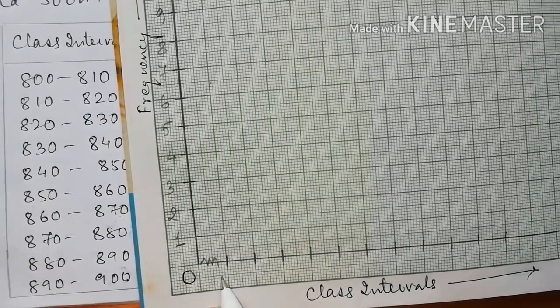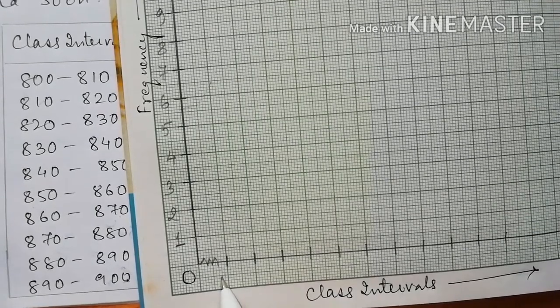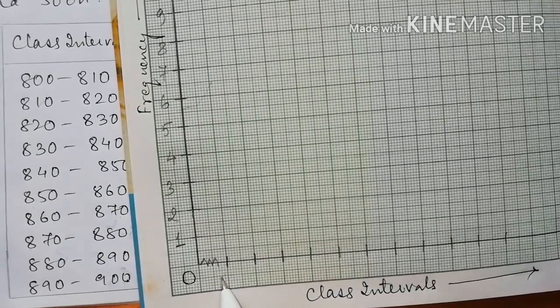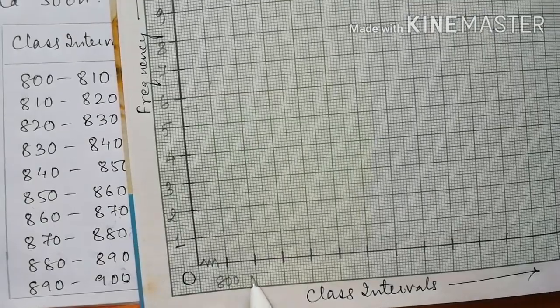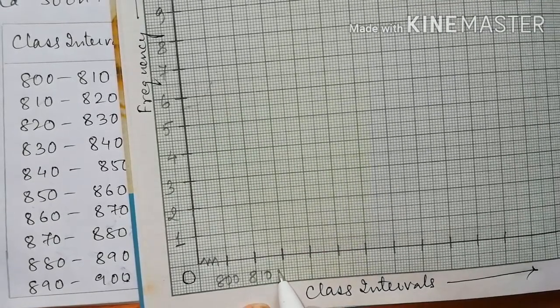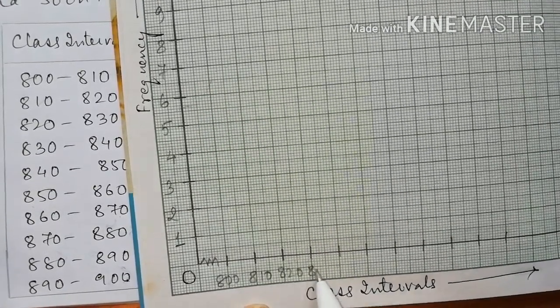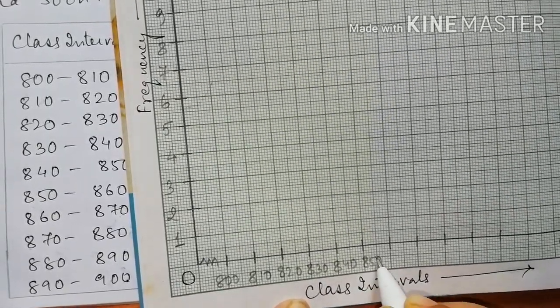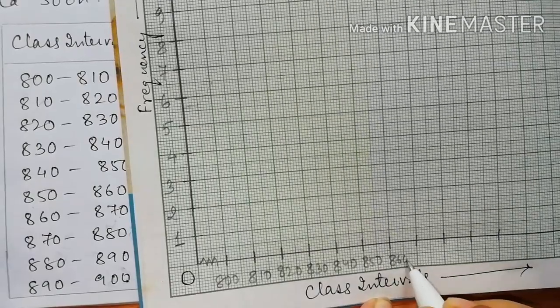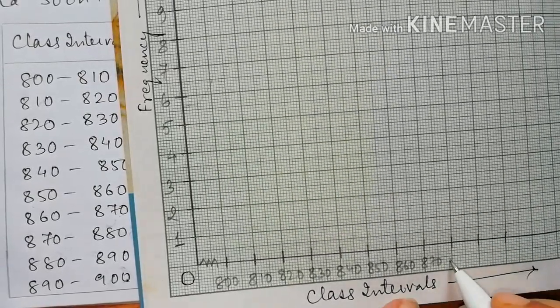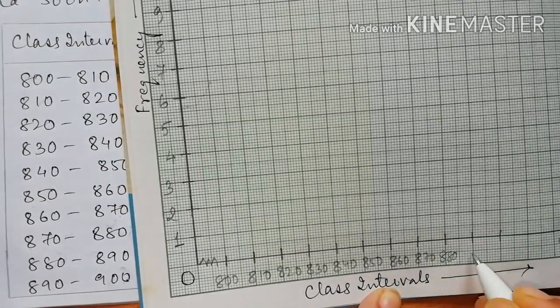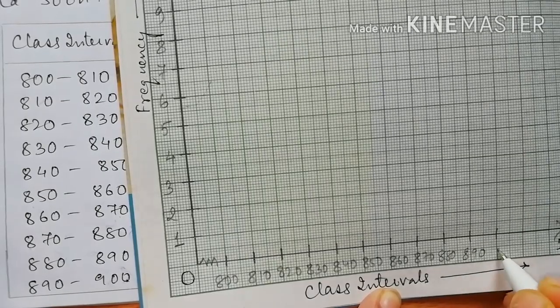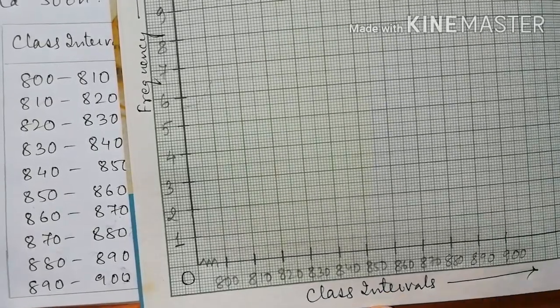Let us start from 800, 810, 820, 830, 840, 850, 860, 870, 880, 890, 900.